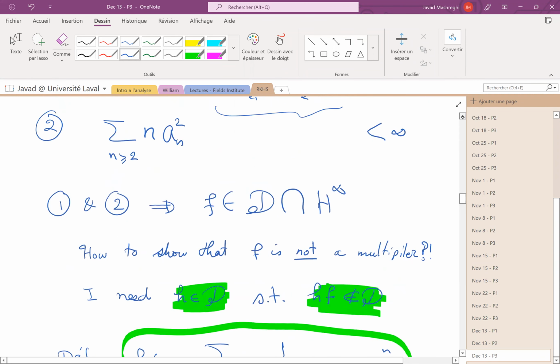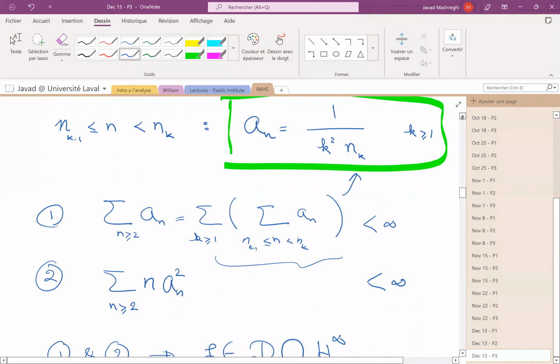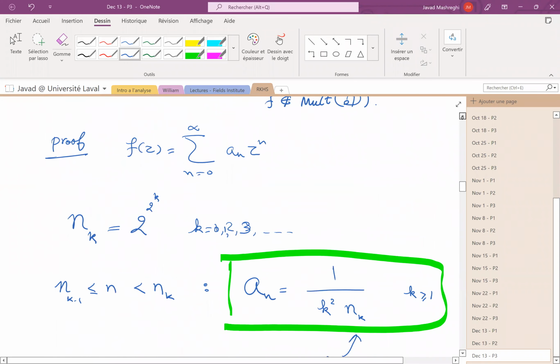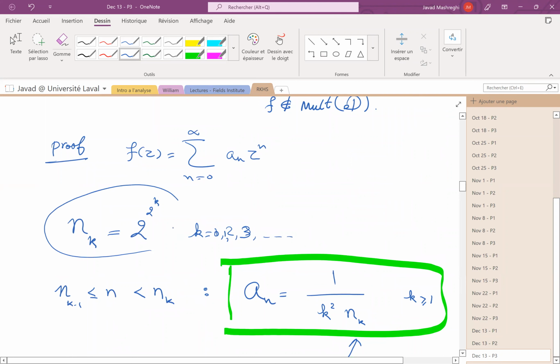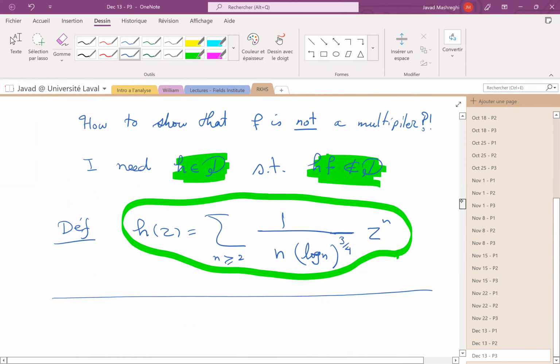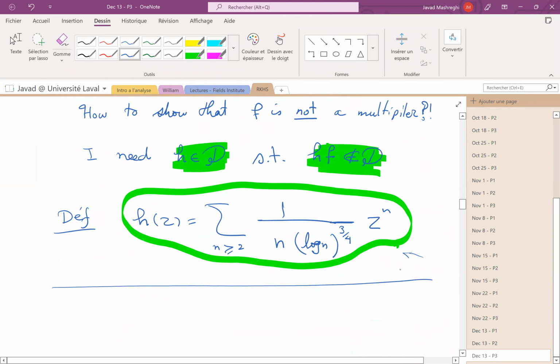The important part of the proof is to think of these big gaps and define a function in the way I explained, and also to come up with the definition of a function such that when you multiply, it kicks out and goes out of the space. And the rest, I leave it to you.